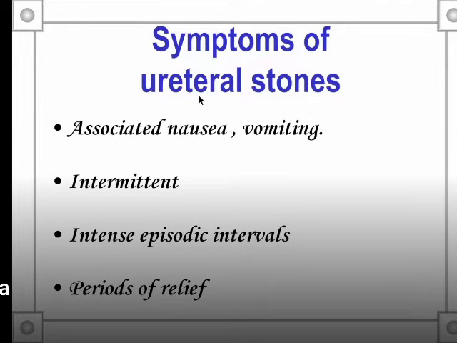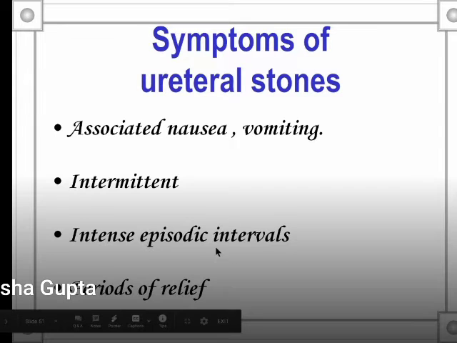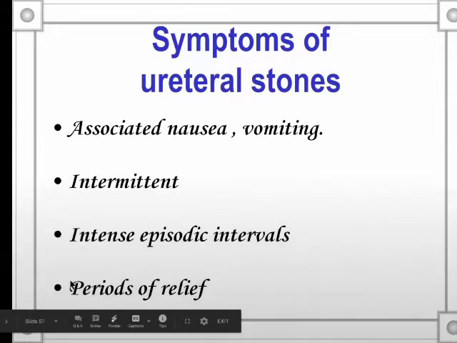Then there can be associated symptoms. I told you that because of reflex pylorospasm, there will be nausea and vomiting. This pain is intermittent and intense, episodic, and in between there are periods of relief. Then you have to differentiate this pain from other causes of pain.